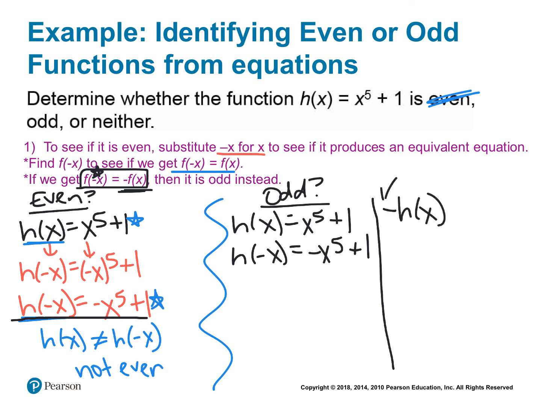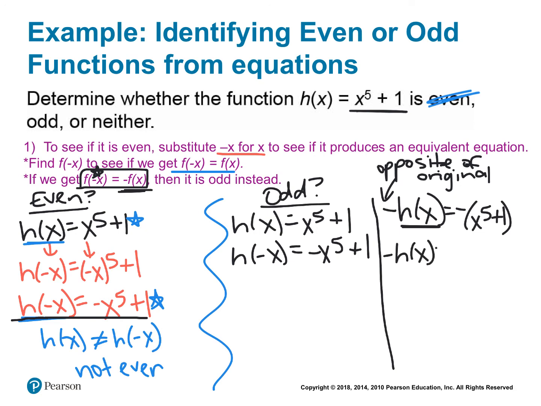So again, that means the opposite of the original h of x. So I'm going to take the opposite of my original that I got from up here. So the opposite of h of x is, I'm going to distribute that negative to both of them. Okay, so now let's see.